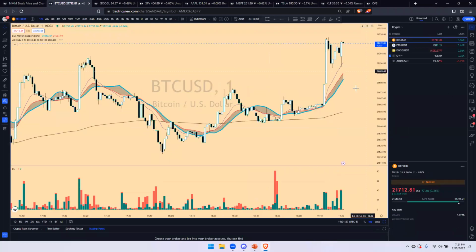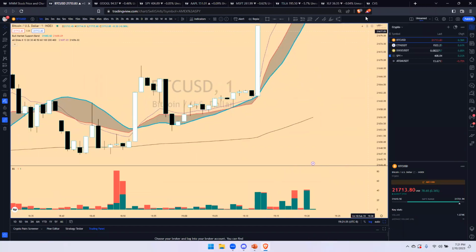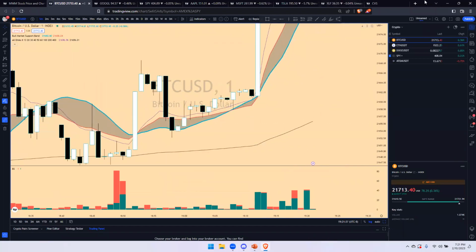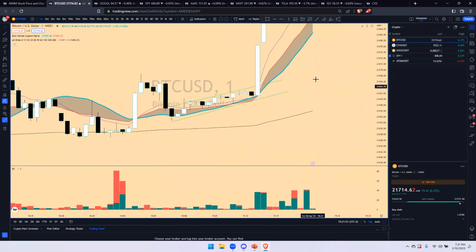Let's look at it on Bitcoin even. Damn, Bitcoin would have paid you even more. Look at that setup. We got some rising wedge action here. Damn, I think you would have been too late.